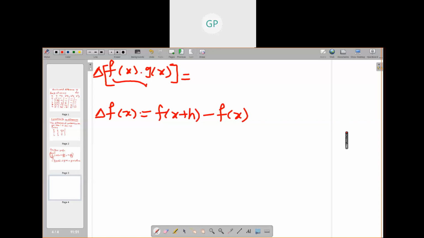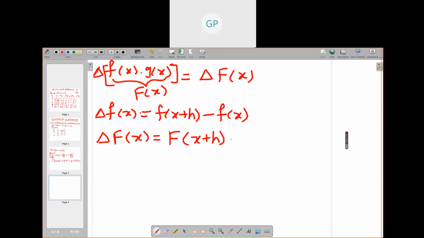So this whole thing, if you call it capital F(x), I will call it delta of capital F(x). What is delta capital F(x)? It is capital F(x+h) minus capital F(x), right?